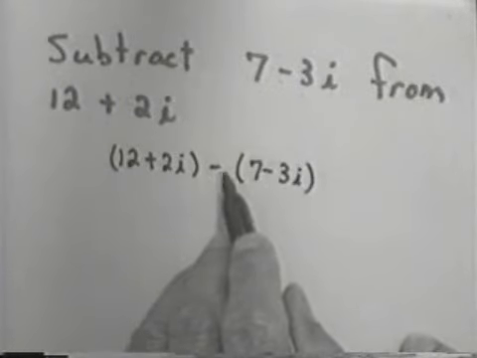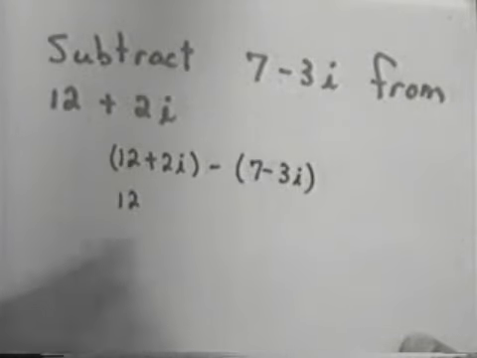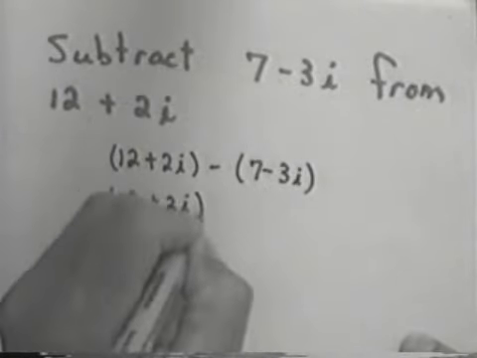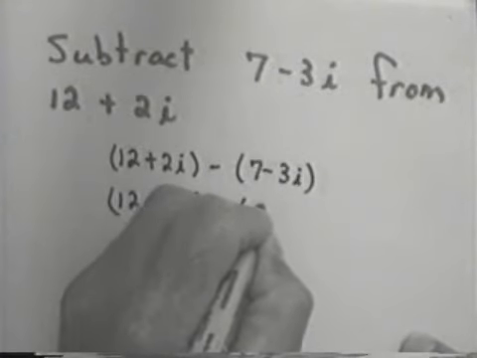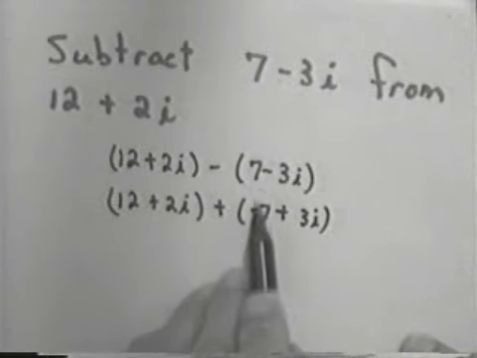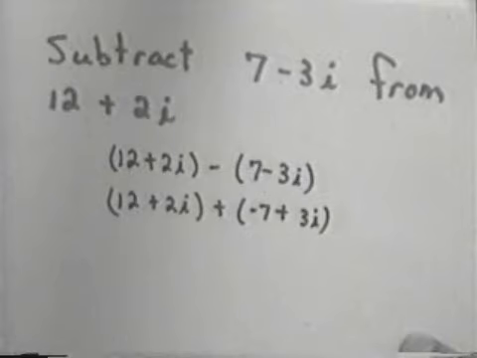Remember polynomials, to subtract one adds the opposite of the polynomial being subtracted. So it would be 12 plus 2i plus a -7 plus 3i. The opposite of 7 is -7. The opposite of a -3i is +3i.